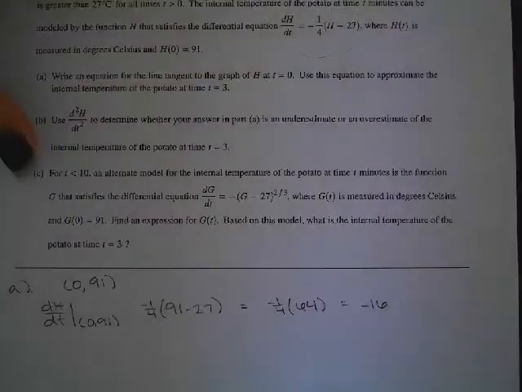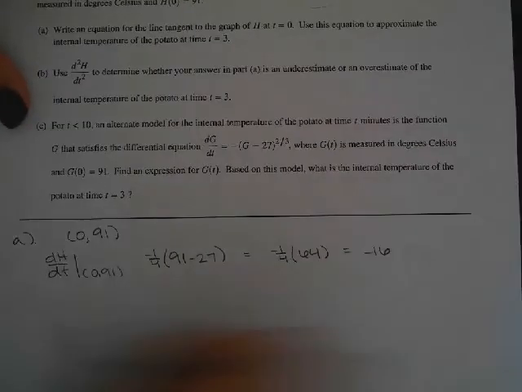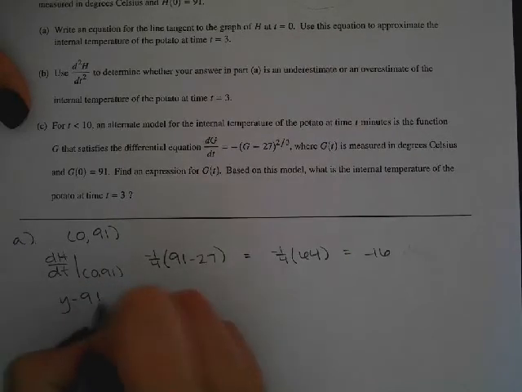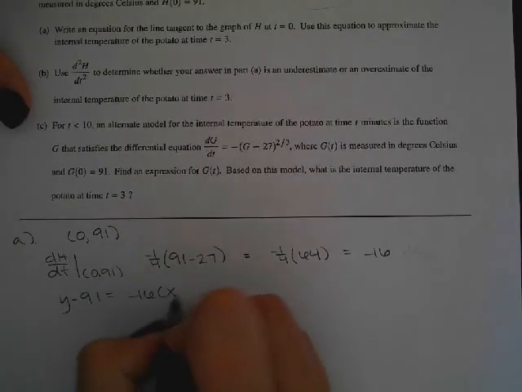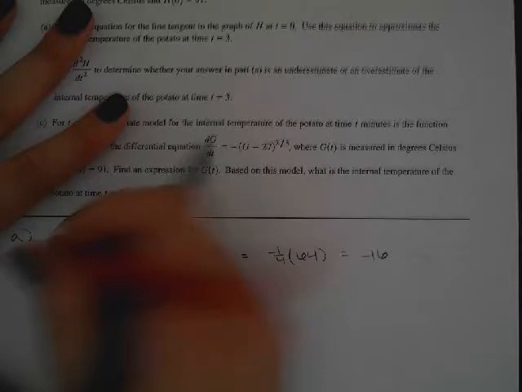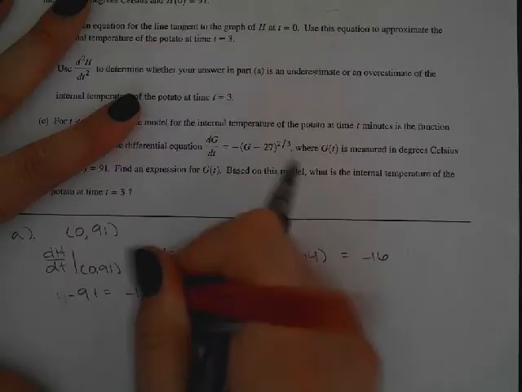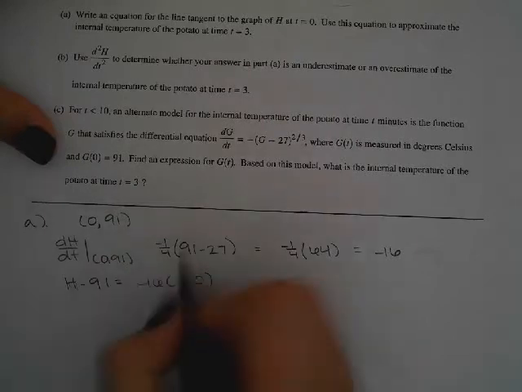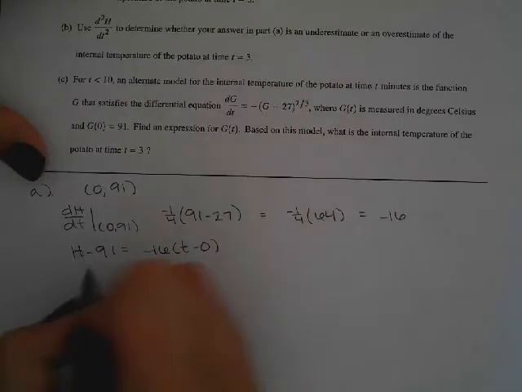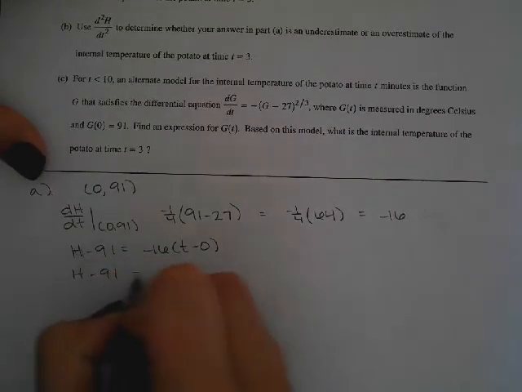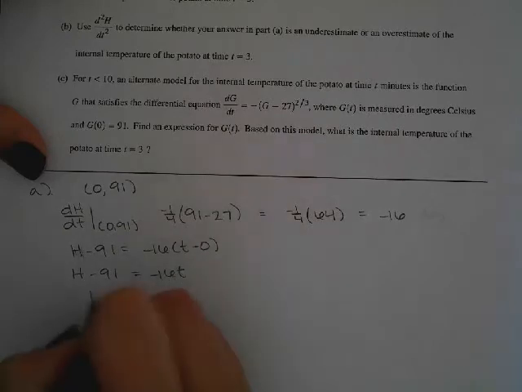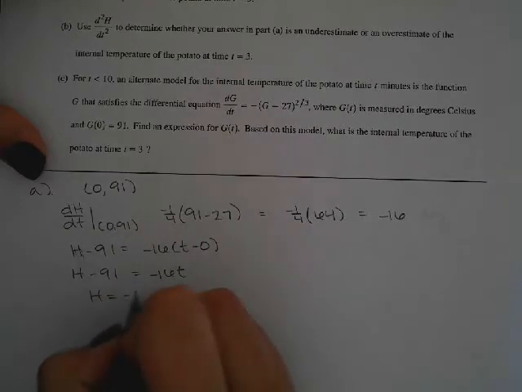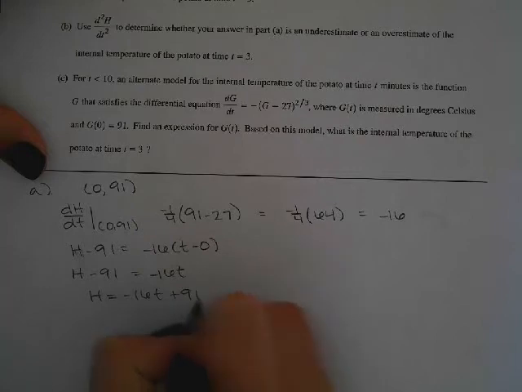Okay, so for our tangent line, we have y minus 91 equals negative 16 times (x minus 0). Not x and y. h and t. So h minus 91 equals negative 16t, h equals negative 16t plus 91.